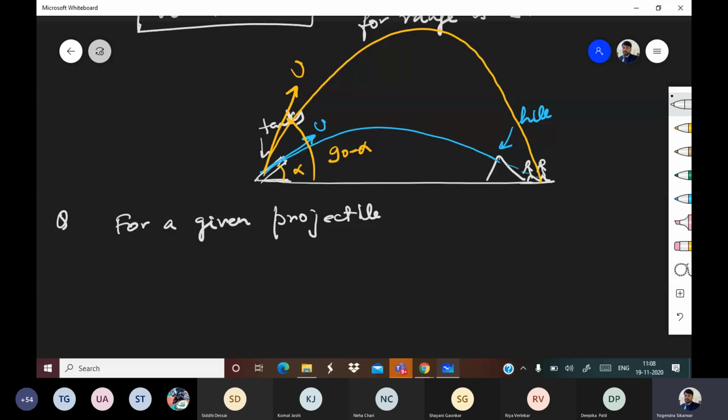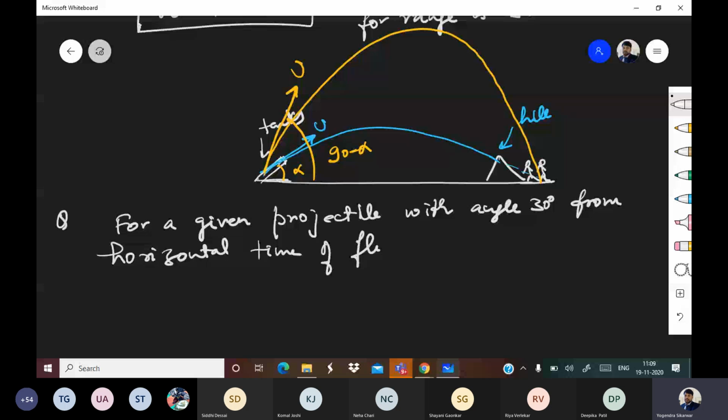So for a given projectile with angle 30 degree from horizontal, time of flight is 10 seconds.